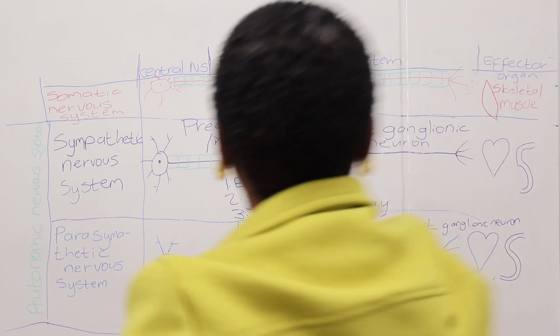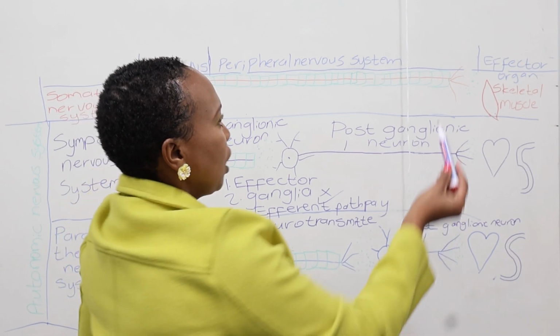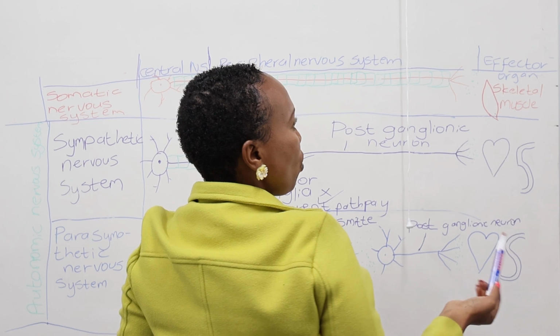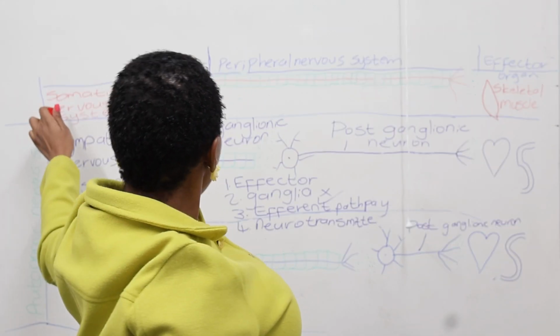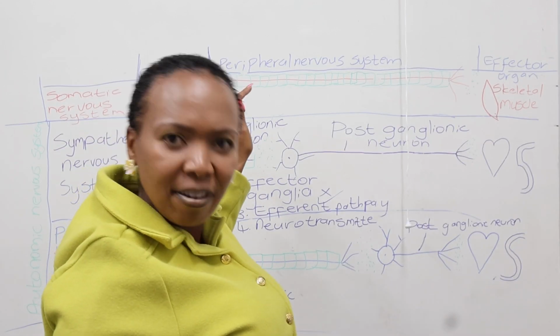Now, in terms of the neurotransmitter, these small green things here are called the neurotransmitter. So what is the neurotransmitter released by the neuron of the somatic nervous system?